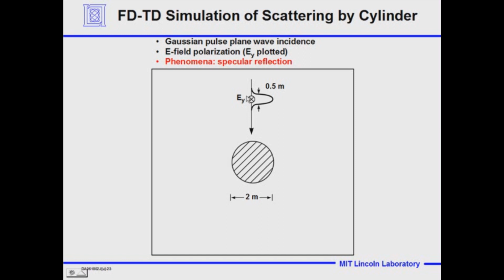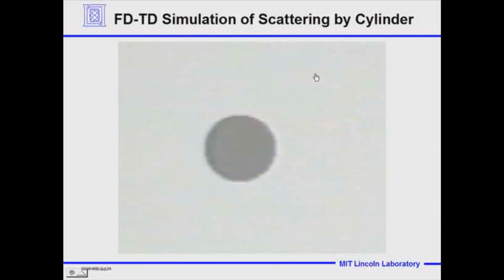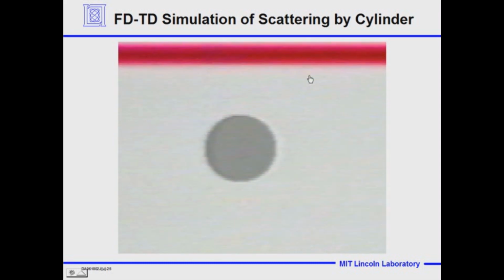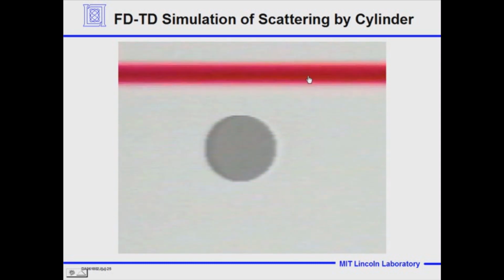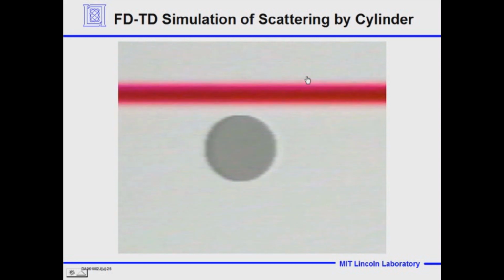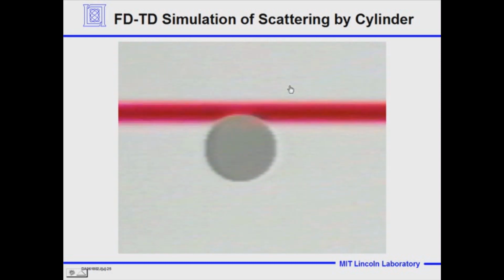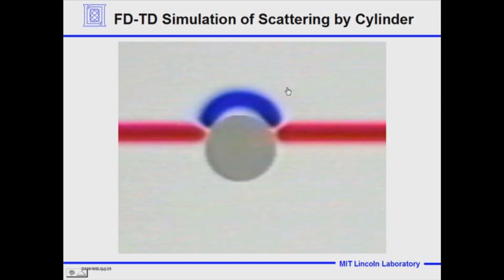Okay? Now let's look at specular reflection when we send an electric field that's along the line of an infinite, long, tall cylinder. And here's what we see. We see again a specular reflection going back to where the radar beam came from. And this again is for one polarization.